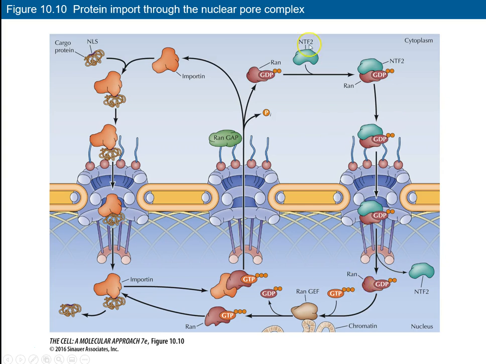Every single step here, every single process that we just talked about, is necessary. If one is not working correctly, or if there's a mutation in one of these proteins, this whole process is going to stop. That protein would never be able to be transported into the nucleus.